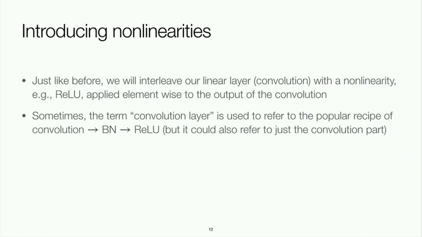Other people refer to convolution layer as just the convolution operation. But let's try to be consistent, so we'll just pick one. If I'm just talking about the convolution, I'll call that an operation. If I say layer, that means that plus batch norm plus ReLU, or some suitable mix in there where maybe I could replace batch norm with layer norm if I wanted to. I could swap out the nonlinearity for something else. But this general idea of convolution, normalization, nonlinearity is what we're going to refer to as a convolution layer. So it's like the analogous thing to the nonlinear layer that we talked about previously.